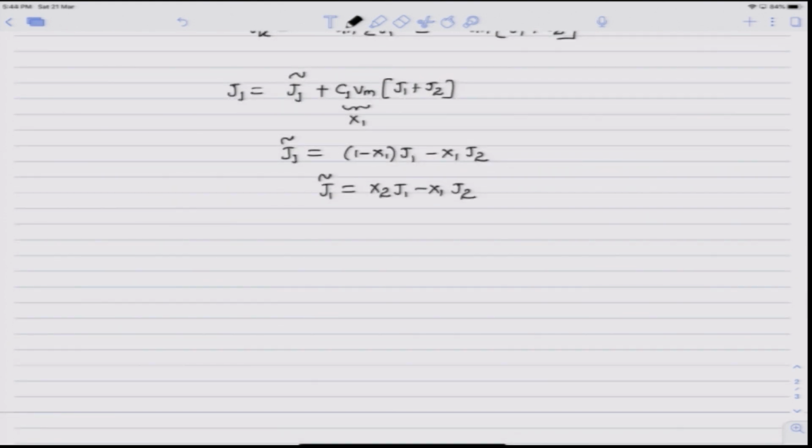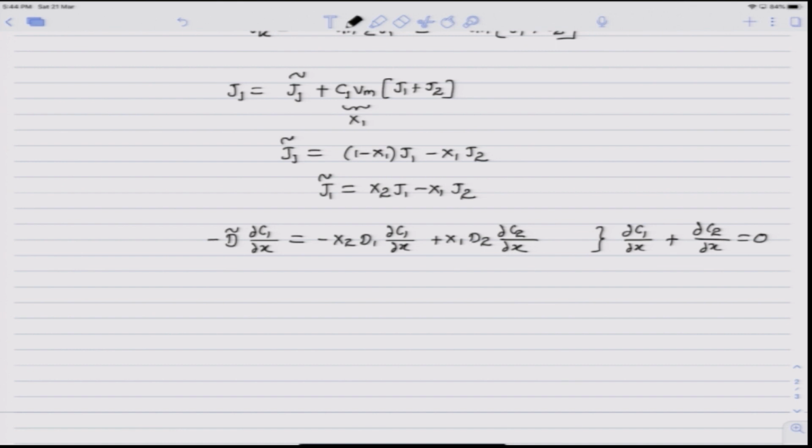Now if we substitute for fluxes in terms of Fick's law, we get minus D tilde dou C1 by dou x is equal to minus x2 times D1 dou C1 by dou x plus x1 D2 dou C2 by dou x. And for constant molar volume, we have dou C1 by dou x plus dou C2 by dou x equal to 0. So dou C2 by dou x is simply negative dou C1 by dou x.